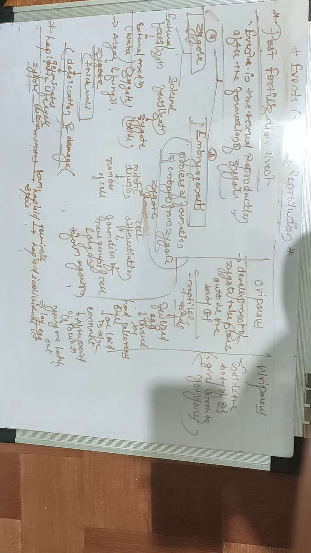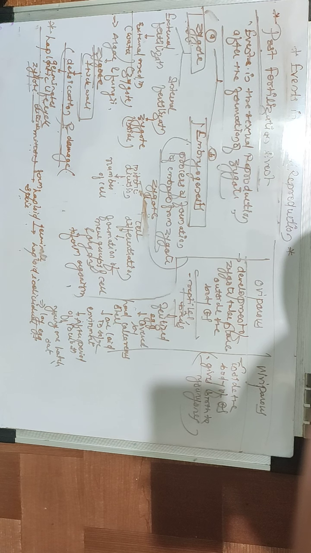Now, on the other hand, we will see viviparous animals. Viviparous animals include the majority of animals, including human beings. Here the zygote develops into young ones inside the body of the female organism, and after attaining a certain stage of growth, the young ones are delivered out of the body of the female organism.